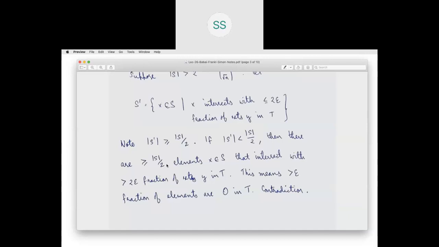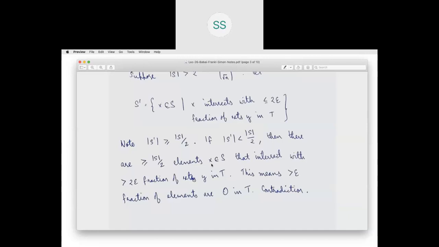Because they contain more than 2 epsilon fraction of zeros in their rows, so they contain elements X that intersect with more than 2 epsilon fraction of Y in T.